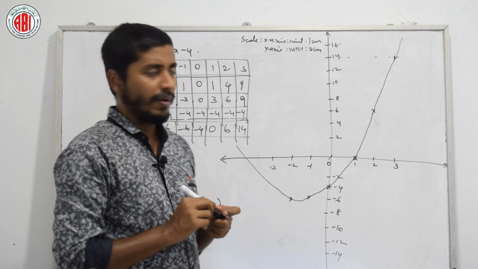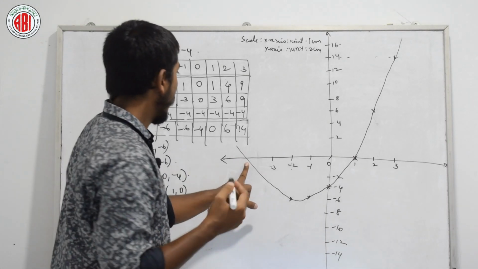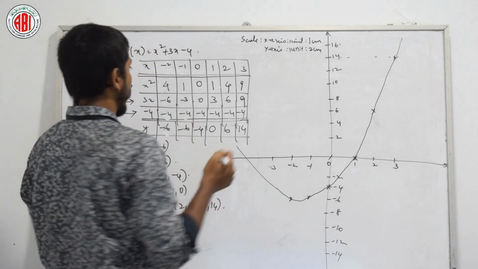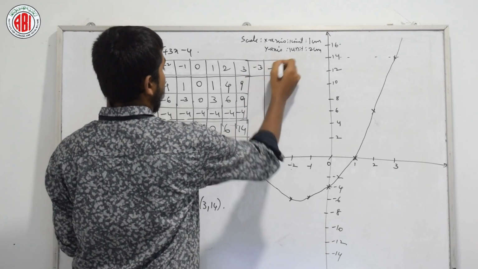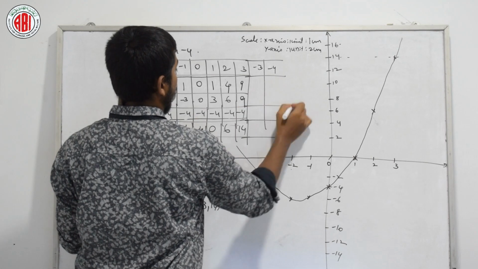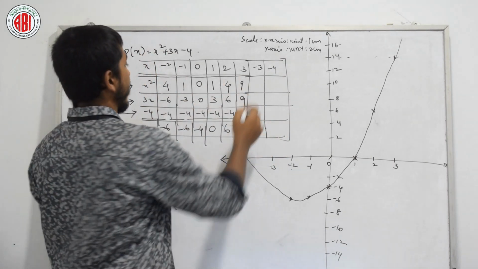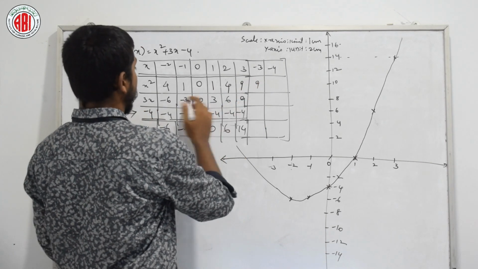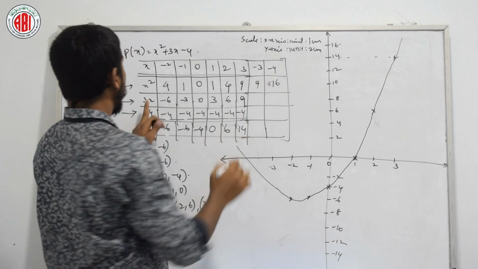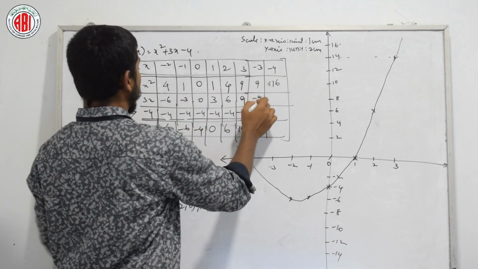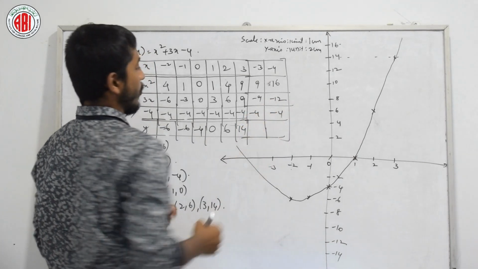In your graph paper, you can directly identify what is the value of this. But beforehand, let us find one more negative value such as -3 and -4. Let us check for which value we are getting 0. Okay, x square is 9, 3x, x square minus 4 square is 16, 3 into -3 is -9, 3 into -4 is -12, again -4.